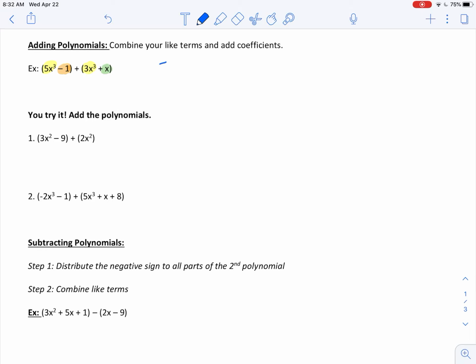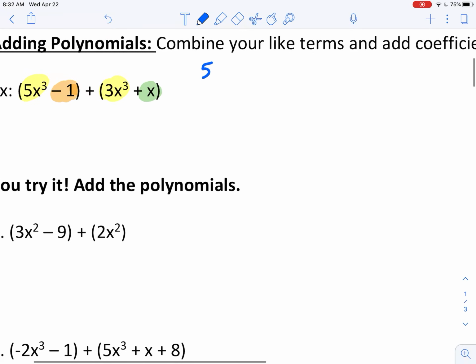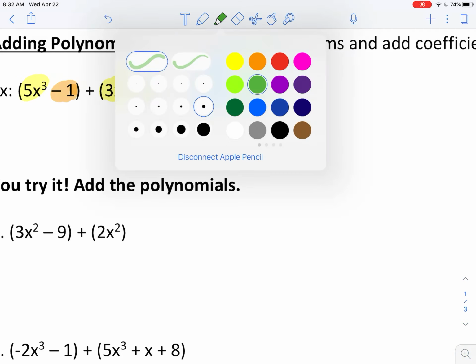So I'm just going to color code mine. So you can see in yellow I have 5x cubed and 3x cubed. So that x cubed tells me that these are like terms. So I'm going to add 5x cubed plus 3x cubed.